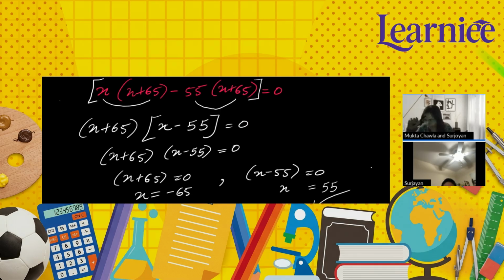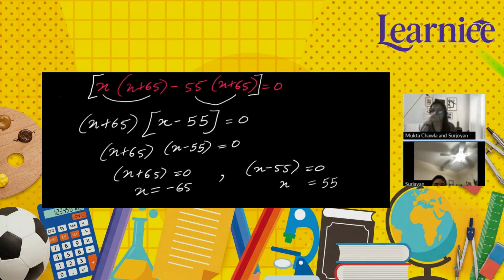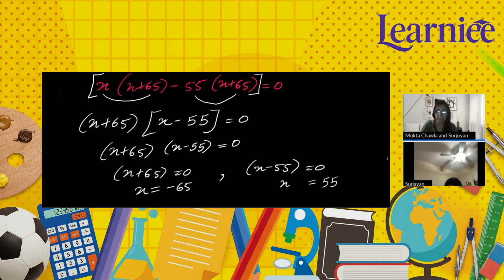And what was x here? We had supposed x as speed, right? Original speed. So we have two values for x, can we choose either one? No, not either one. See, one value is negative and one is positive. So can speed be negative? What do you think?